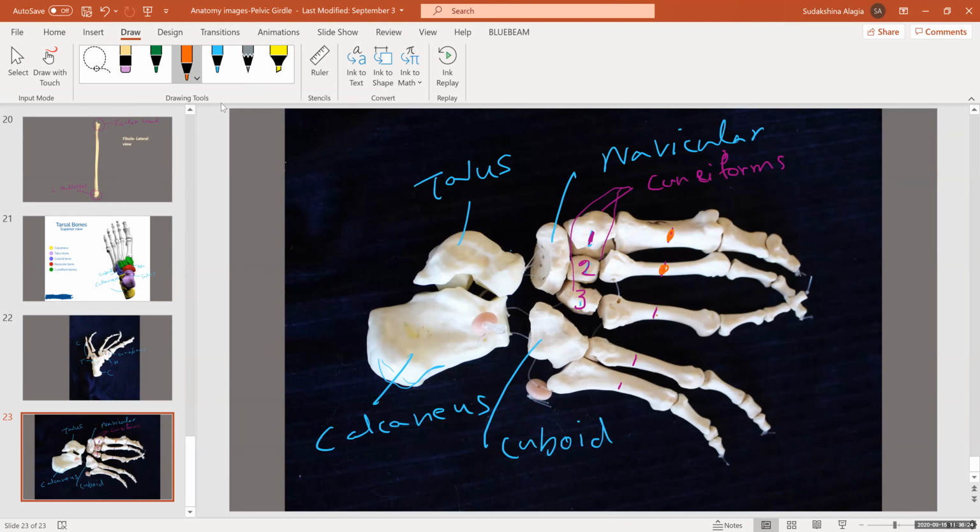These are, of course, the metatarsals. Oh, that's a pretty color. Then we got the phalanges again.